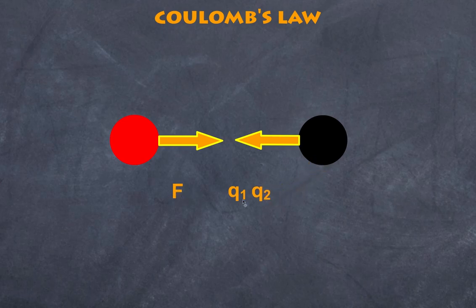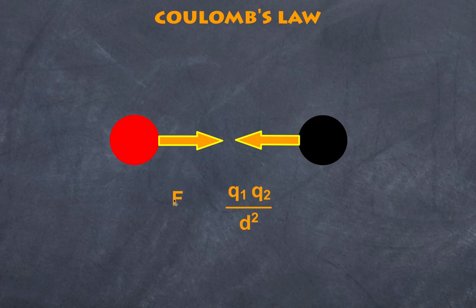But it's not only that, it's also the distance between them. You know that as the distance increases, the force decreases. If you were to mathematically determine the values of the force as the distance increases by a set factor, you will notice that the force decreases by the square of that factor.